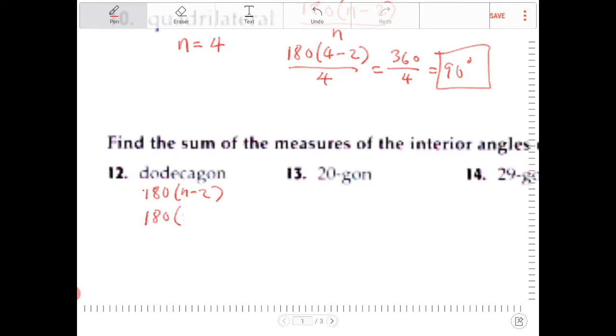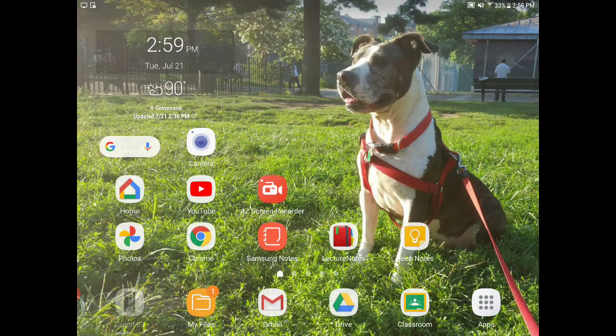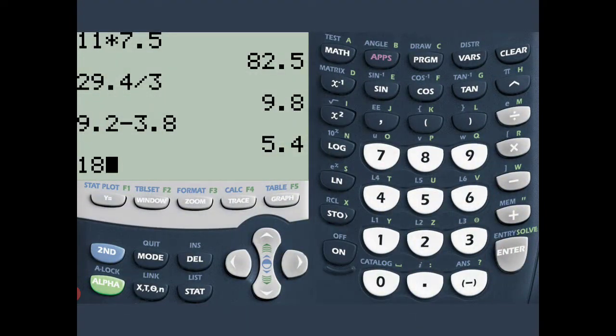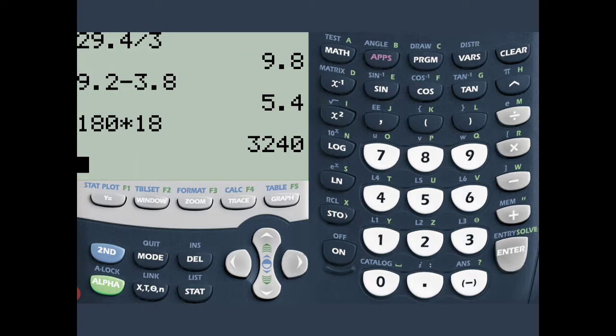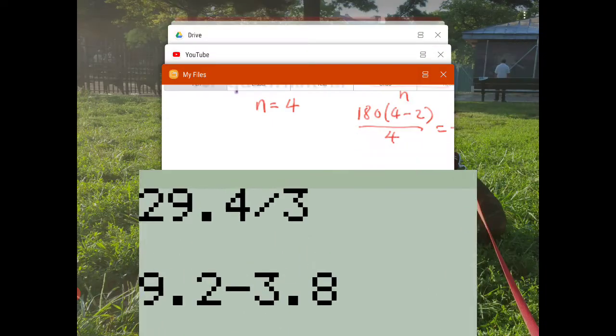So 180 times 12 minus 2. This is 1800. A 20-gon, 180 times 20 minus 2, is 180 times 18, whatever that comes out to. So let me just pull out my calculator. 180 times 18 turns out to be 3240.